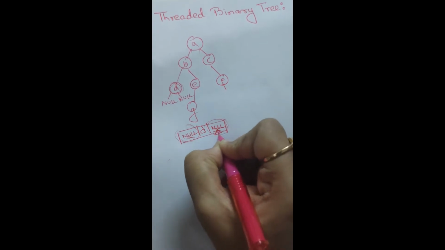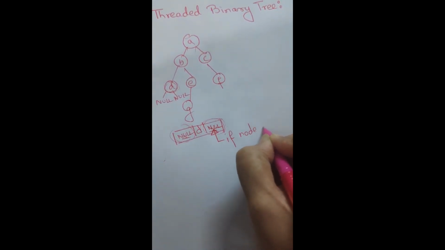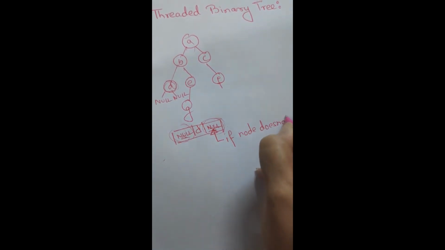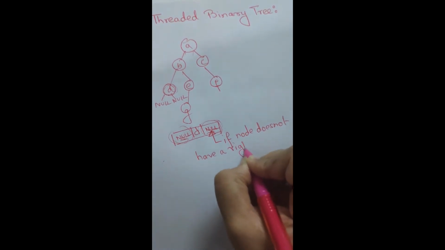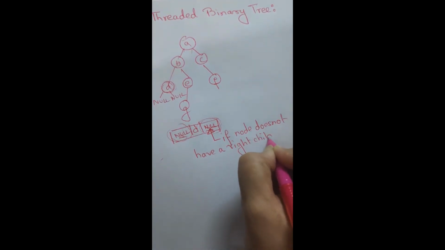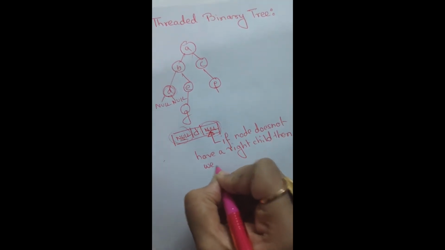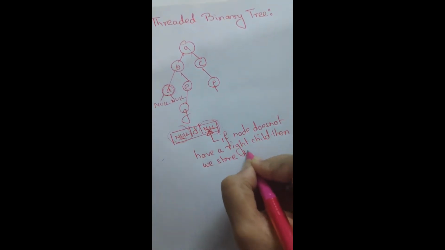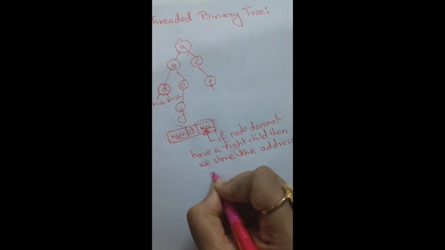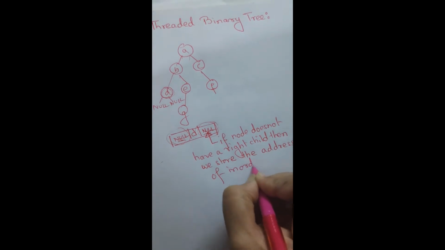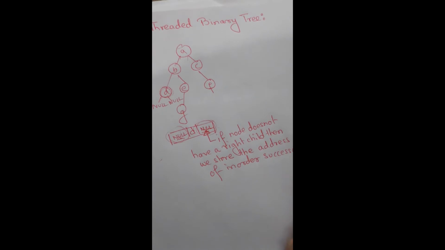This portion, if the node does not have a right child, then we store the address of in order successor, right?